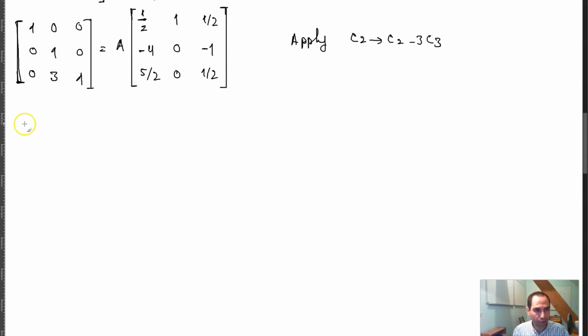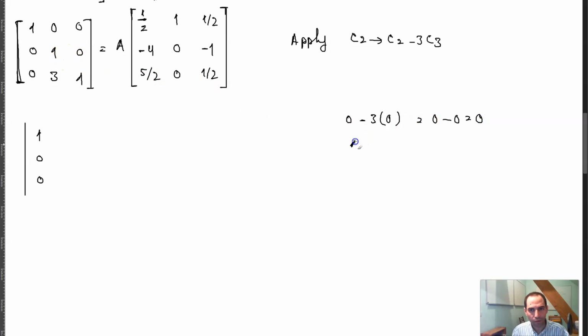so column 1 remains the same. That means that I have 1, 0, 0. Column 2 becomes column 2 minus 3 times column 3. So you have, for example, 0 minus 3 times 0, which is equal to 0 minus 0, which is equal to 0.